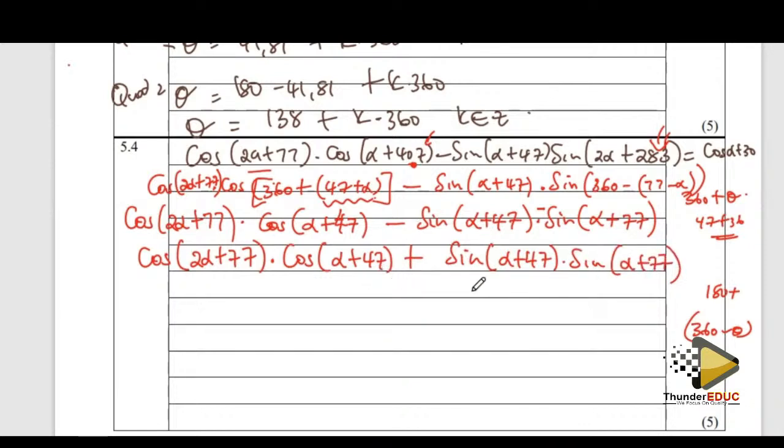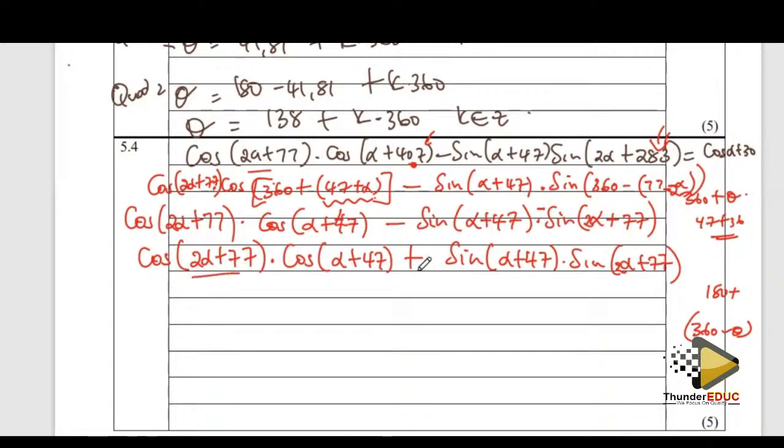So this is a compound angle, but it's a compound angle of cos. What happened? There was a 2α, it's meant to be a 2α somewhere here, so that this is also 2α and 2α.